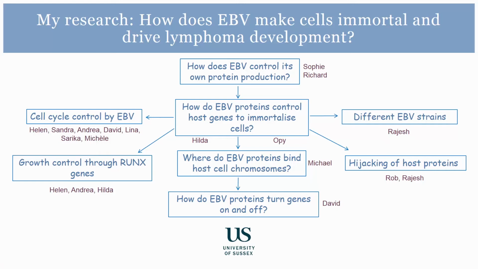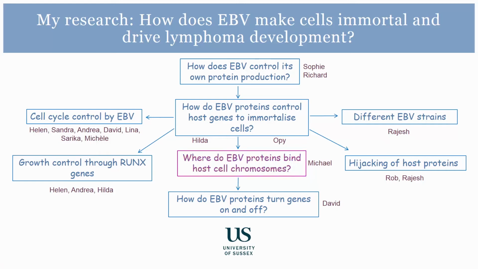Also linking into this, we've been trying to understand how the virus takes over the host cell. And this is where the structural biology side of work has come in. We're very interested in trying to understand the really fine details of how the virus proteins hijack host proteins.